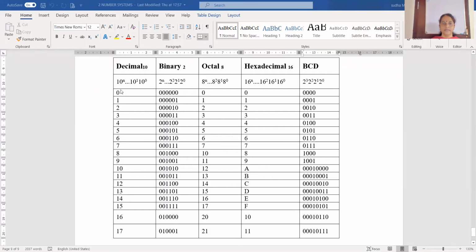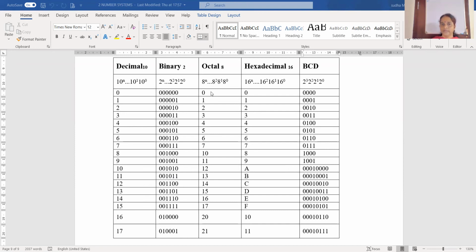See this screen. In decimal, 0 to 9, we have written up to 17. In binary it is represented as 0, 0, 0, 0, 0, 0, 0, 1, and so on, for 9, 10, 11, 12, 13 like that.